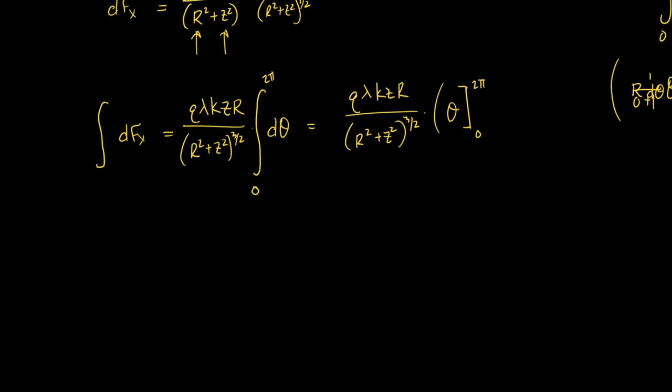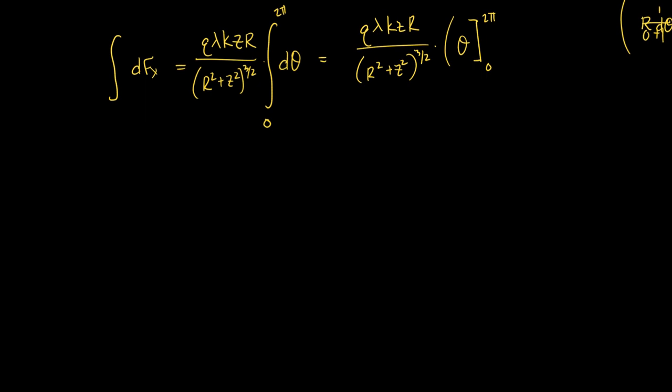Now, evaluating, we talked about this also. This just means you put in the top boundary and then subtract when you put in the bottom boundary. Pretty sure that's going to just be 2 pi then. So 2 pi Q, K, Z, R, all over R squared plus Z squared to the 3/2 power.